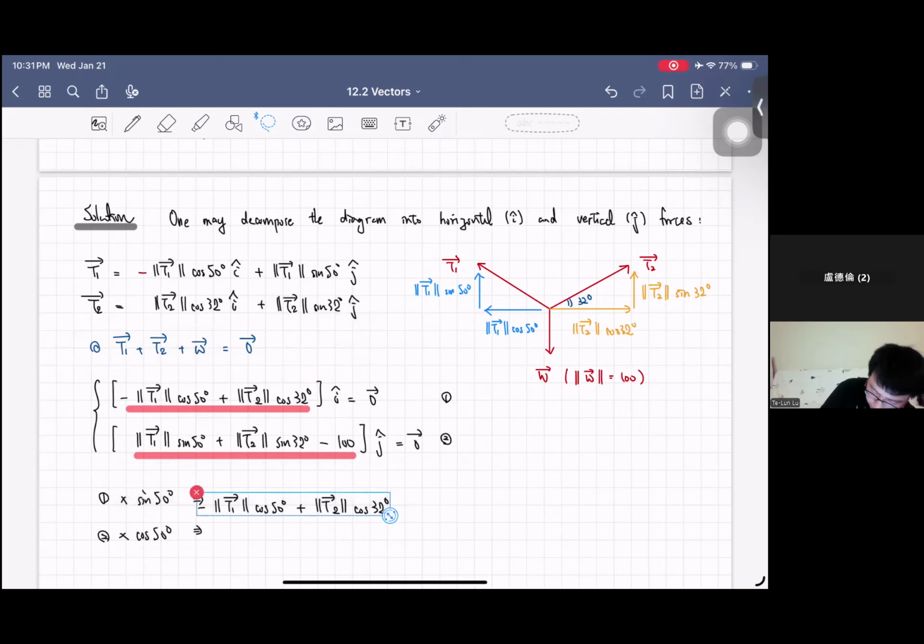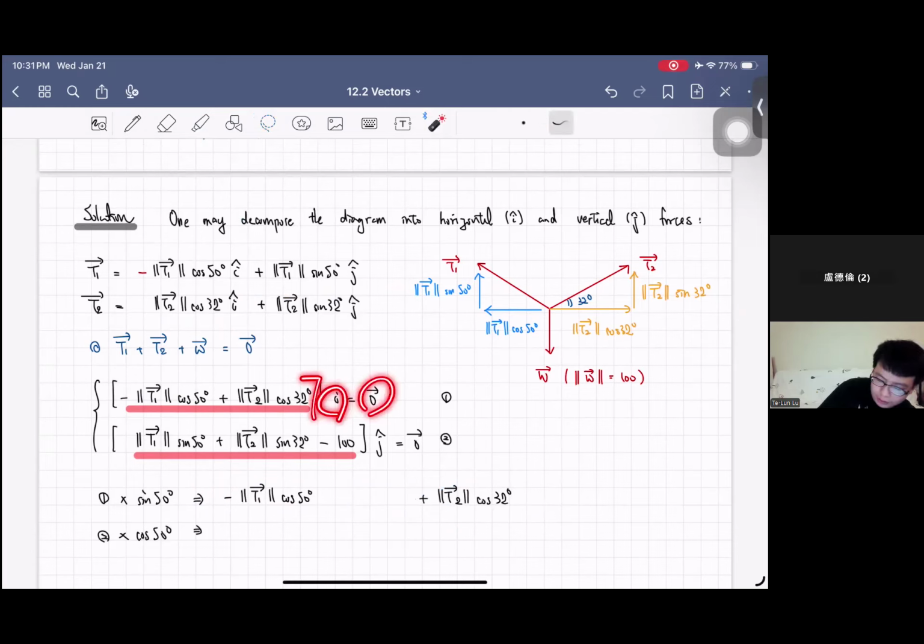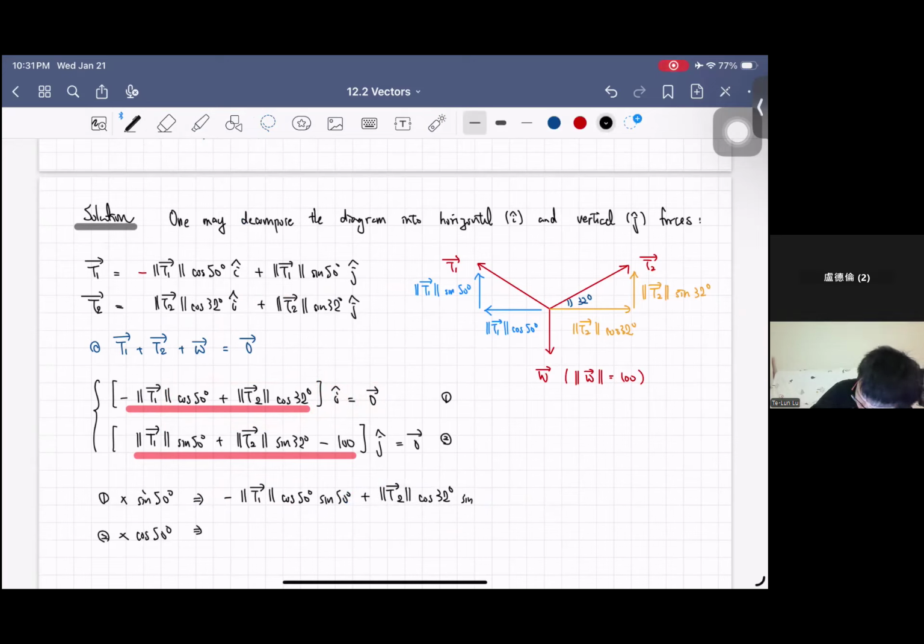I'll just drop the vector part, okay? Because this does not really give you anything. We're just stating that the component here is 0. So you get sine 50 plus this guy times sine 50, and that's 0.